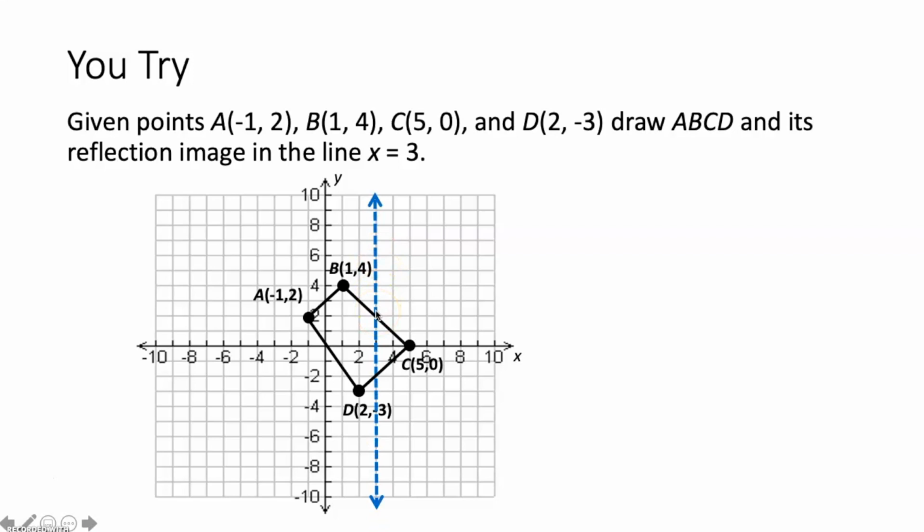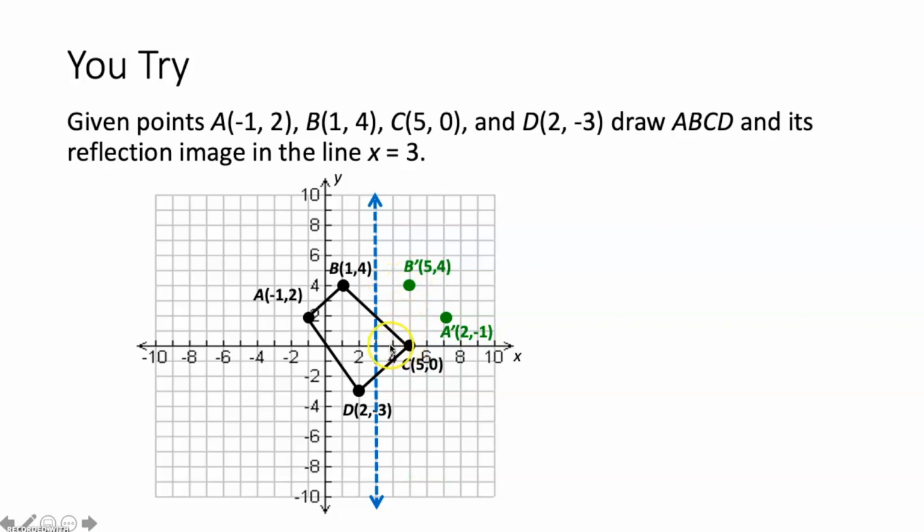Now all we have to do to reflect each of these points over the line x equals 3 is just count how far they are away from that given line of reflection. So we start with A. If A is 1, 2, 3, 4 units away from the line of reflection, we count 1, 2, 3, 4 units on the opposite side, and that should be A prime. B is 1, 2 units away from our line of reflection, so B prime is going to be 1, 2 units on the opposite side.